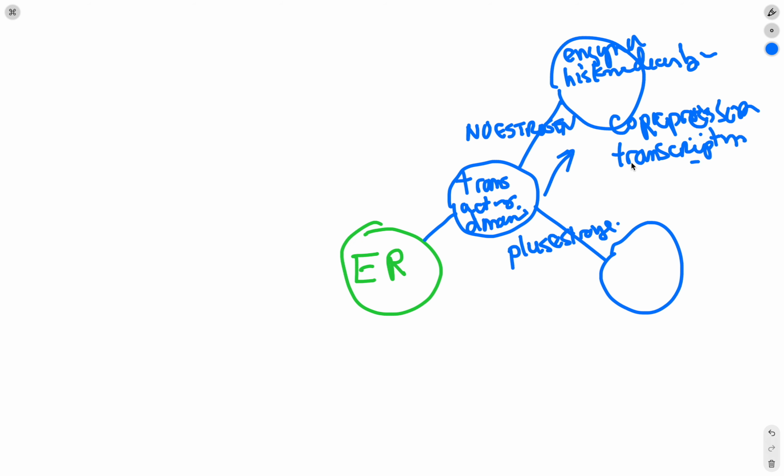It does not bind directly to DNA. This enzyme doesn't have the DNA binding domain. So we're bringing this enzyme in to this target gene because down here we have a DNA binding domain. So we can just add that here just because of the reality of that's how we're getting that enzyme activity tethered to an estrogen target gene, like, for example, yolk protein, vitellogenin gene in particular.